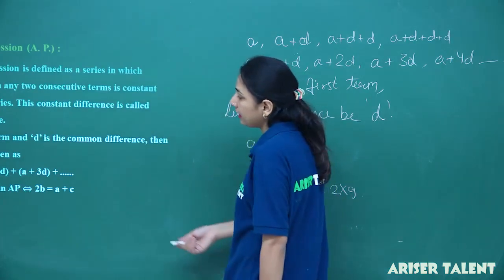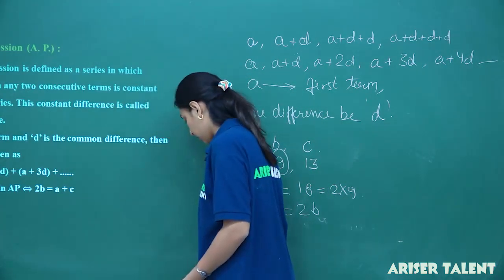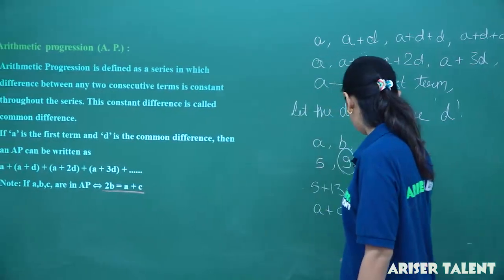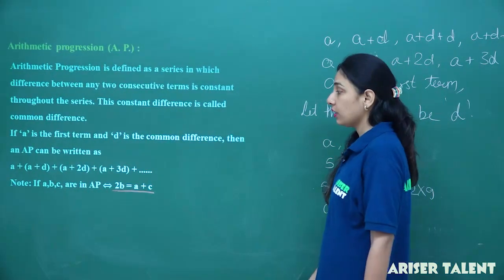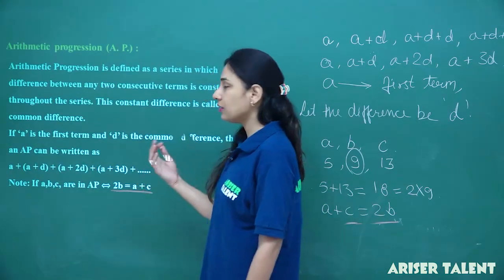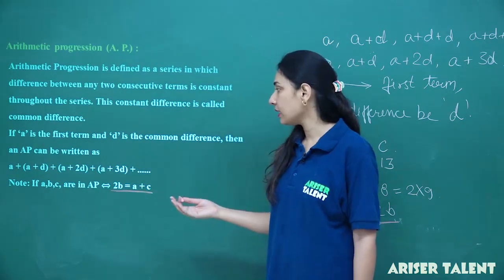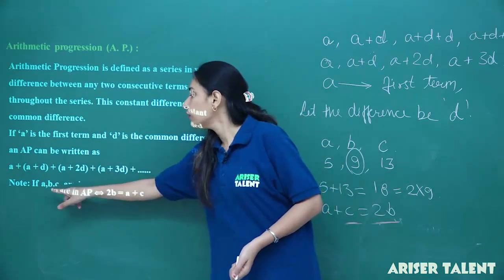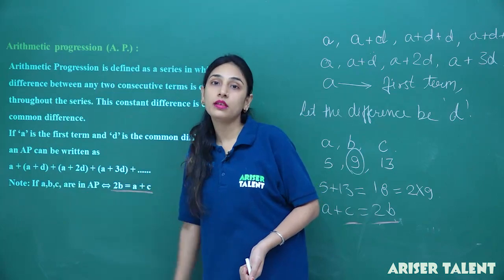Saying the same thing here: 2B equals A plus C, or A plus C equals 2B. So if we have 3 terms A, B, C, any 3 terms, then the sum of these two will be twice the middle term.